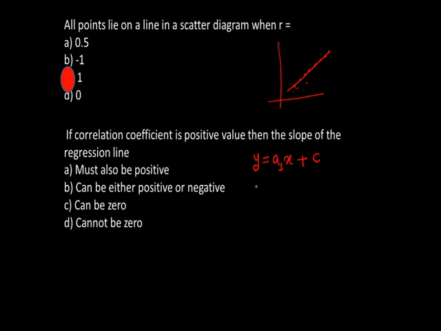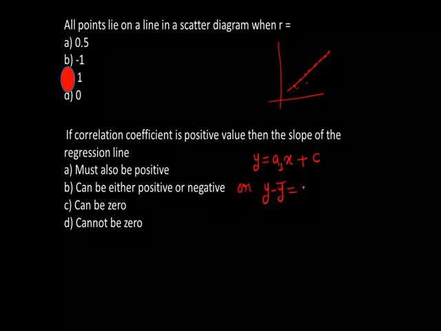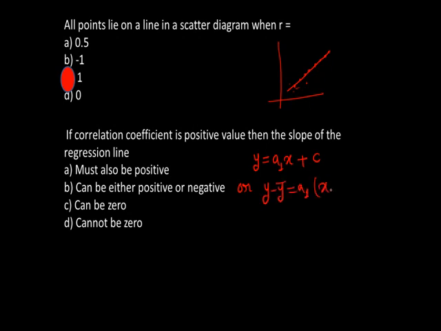This is one form of the regression line of y on x, or we also write it as y minus y bar is equal to a1 into x minus x bar. On simplification, after putting x bar and y bar and a1, it will take the form in this way. So these two are equivalent forms of the regression line of y on x.